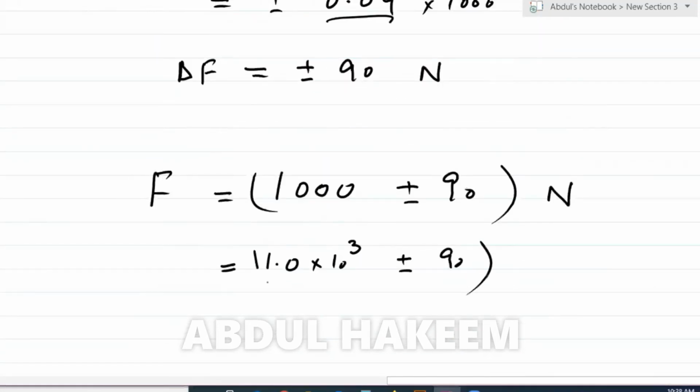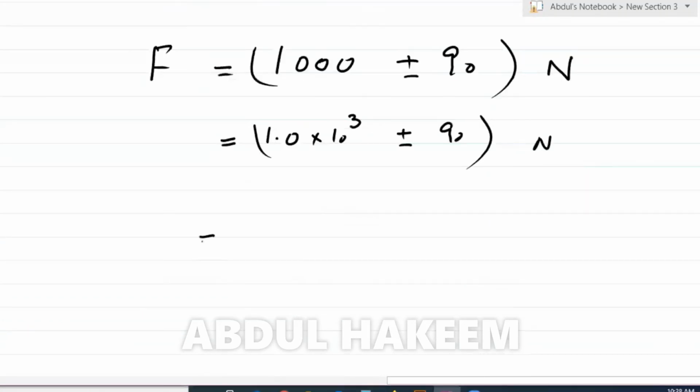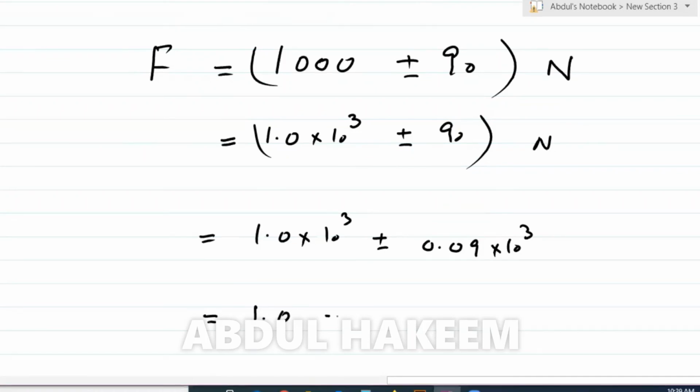For the brevity of the question, we can write it as 1.0 into 10 power 3 plus minus 0.09 into 10 power 3. So which can be written finally as 1.0 plus minus 0.09 and whole times 10 power 3 Newton.